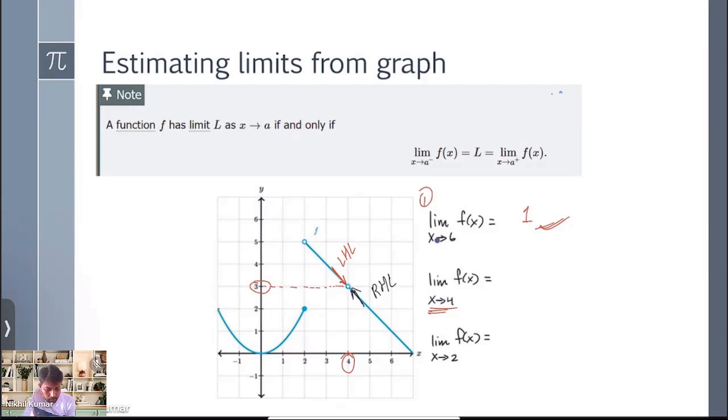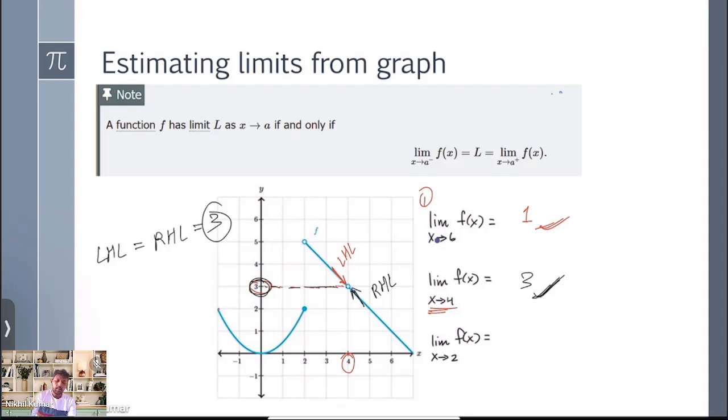It's approaching the same value 3. So what do we see? That the left hand limit is equal to the right hand limit, and it's actually equal to the value 3. So you can confidently say that when x approaches 4, the limit of this function f of x is 3.